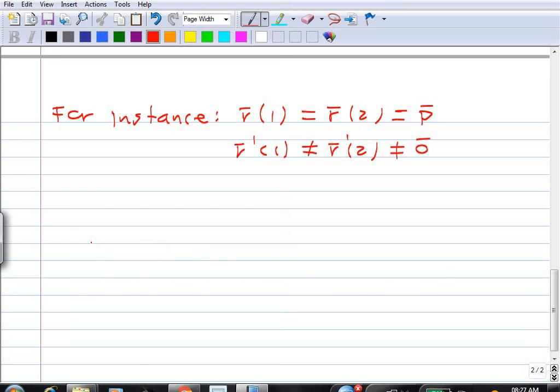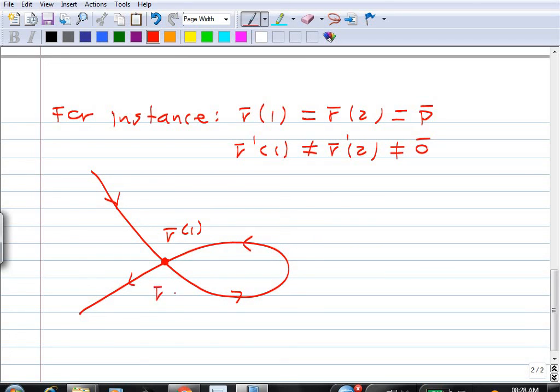So we've got something like this. Here goes the curve. It hits this point P when t is equal to 1. It loops back around like this, and it hits this point again when t is equal to 2.